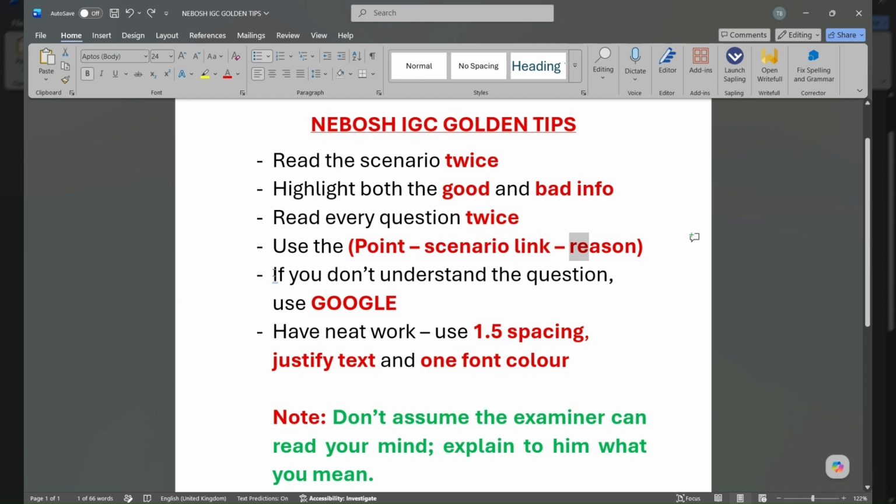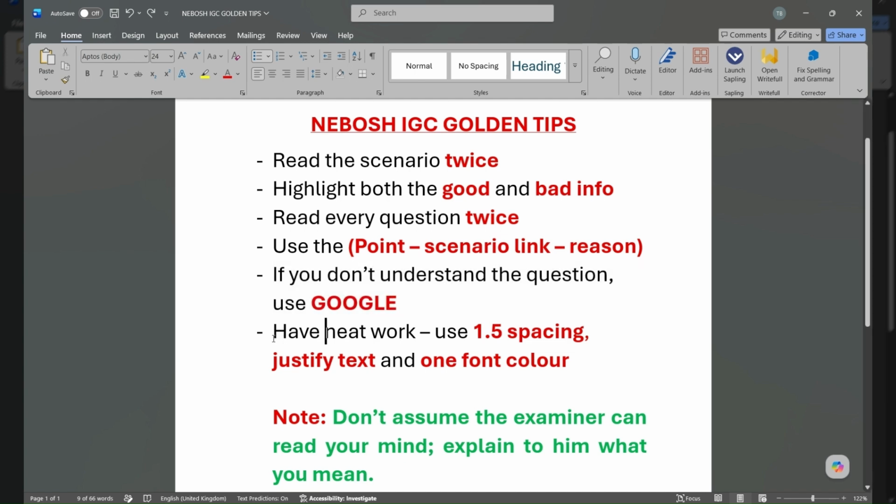Number 5, if you do not understand the question, use reliable sources such as Google to clarify the meaning. The aim is not to copy answers, but to make sure you understand what the question is asking before you respond.